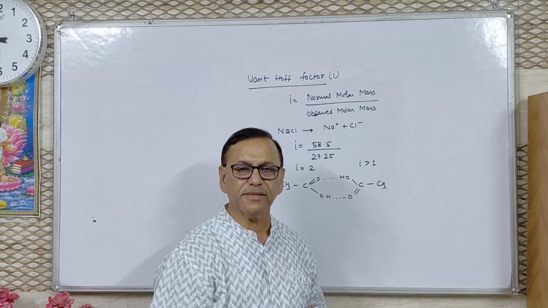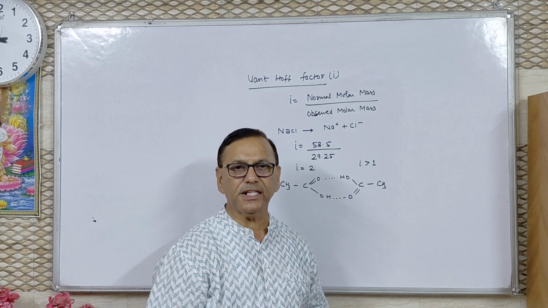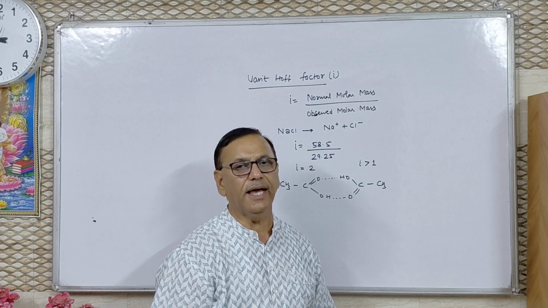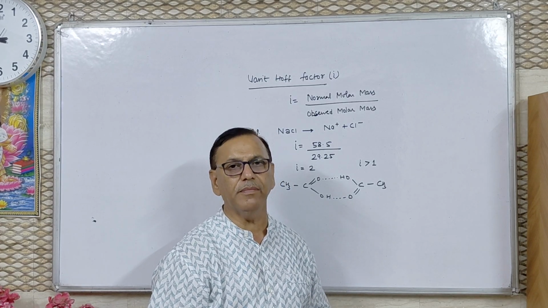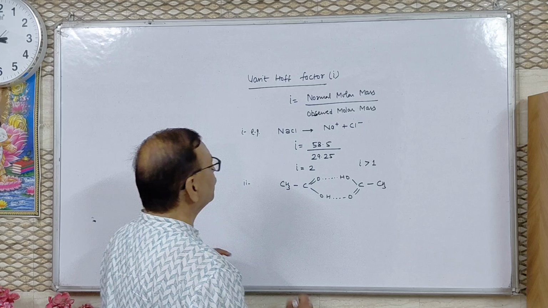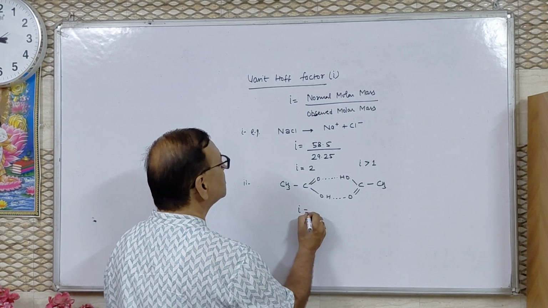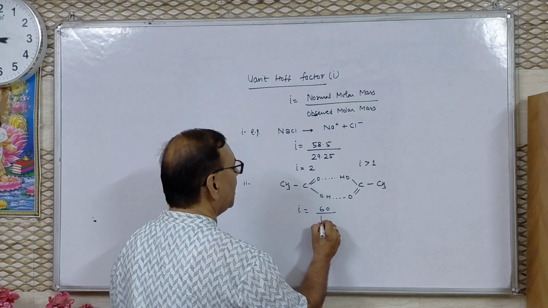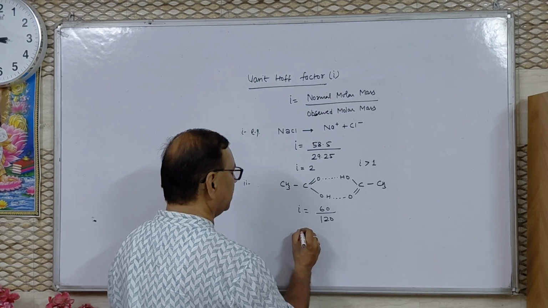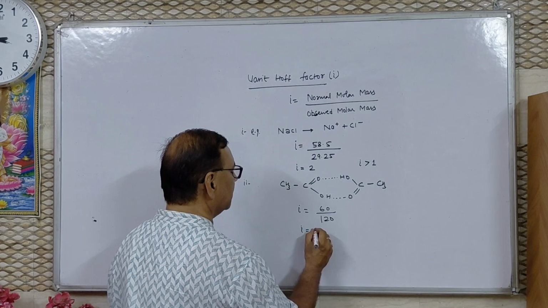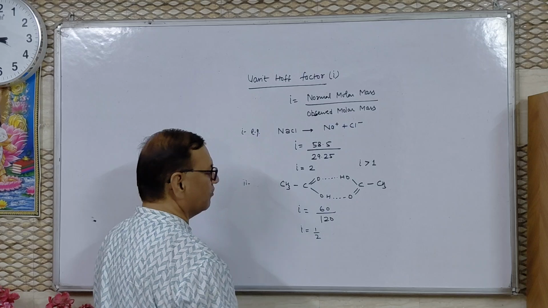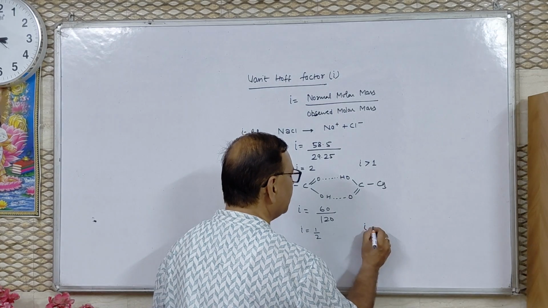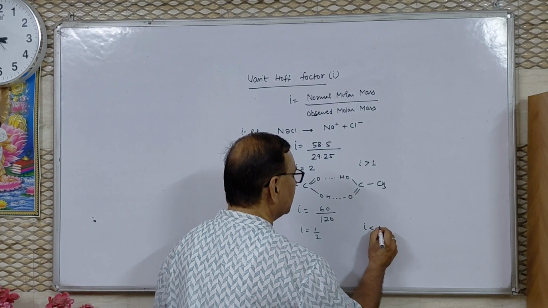In this case, the number of particles will become half and the molecular weight will become double. So for this, i is equal to normal molecular mass 60 over observed 120. The Van 't Hoff factor will be equal to half. It means i will be less than 1.